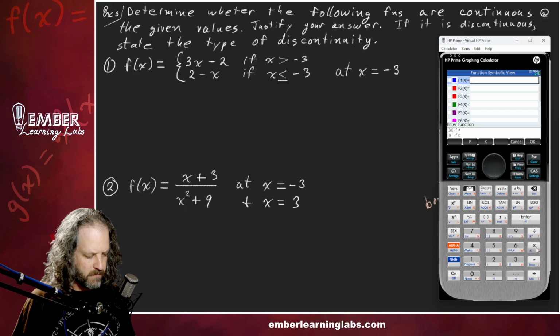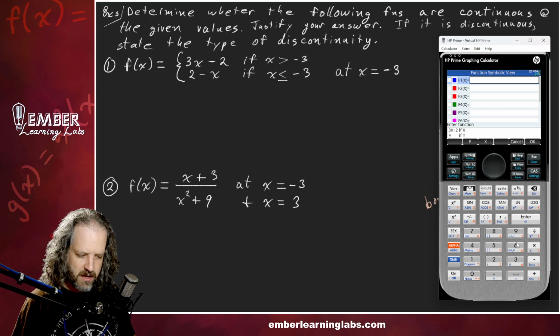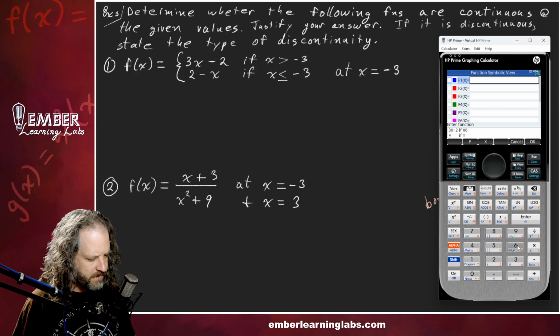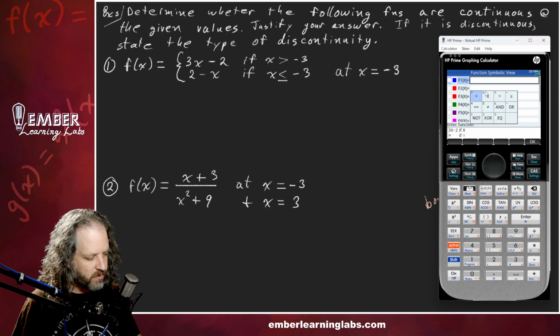3x minus 2. And then that's if x is greater than negative 3. Oops, not 6. We want the greater than symbol.